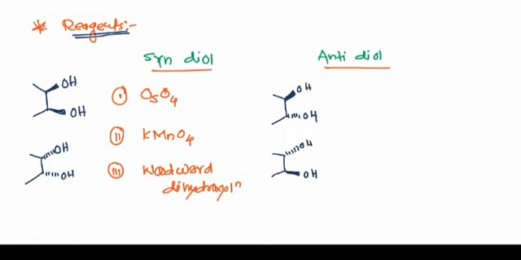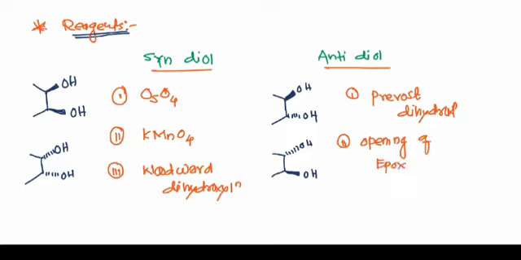Similarly, for anti-diol, the first reagent is the Prevost dihydroxylation, and the second is the opening of epoxide. So basically the syn and anti-diols are prepared using these two simple categories.